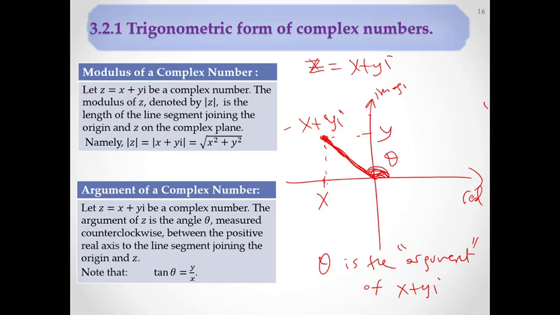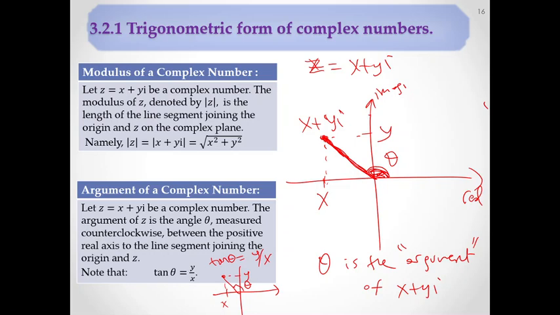As we know, tangent theta is y over x, and you can say also cosine theta and sine theta.